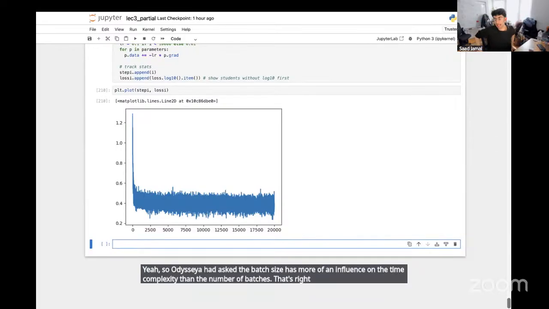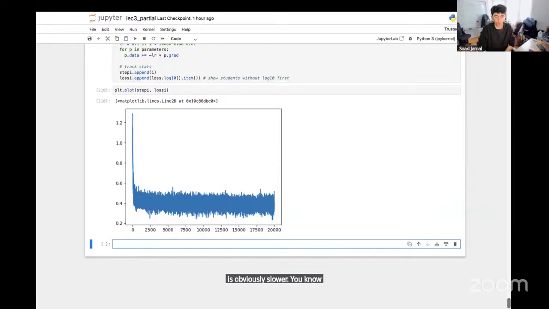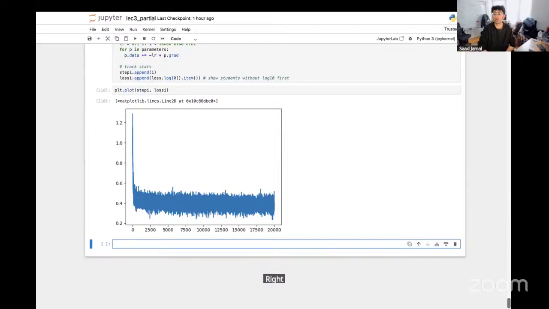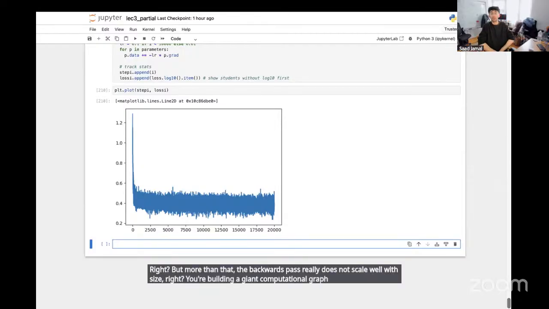The reason is that when you have a larger and larger batch size, your computational graph is giant, so calculating the forward pass is obviously slower. You have more rows of matrix multiplication to do, and as we know, matrix multiplication is not a linear time operation. It's n cubed at least, right? The fastest you can do is about n to the power of 2.7. But more than that, the backwards pass really does not scale well with size, because you're building a giant computational graph.